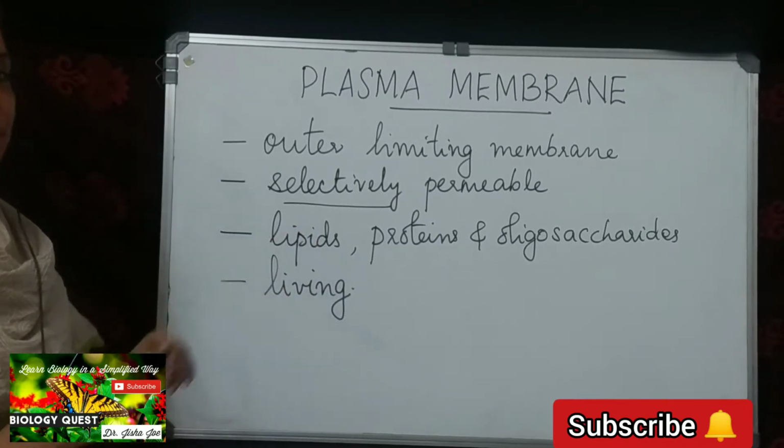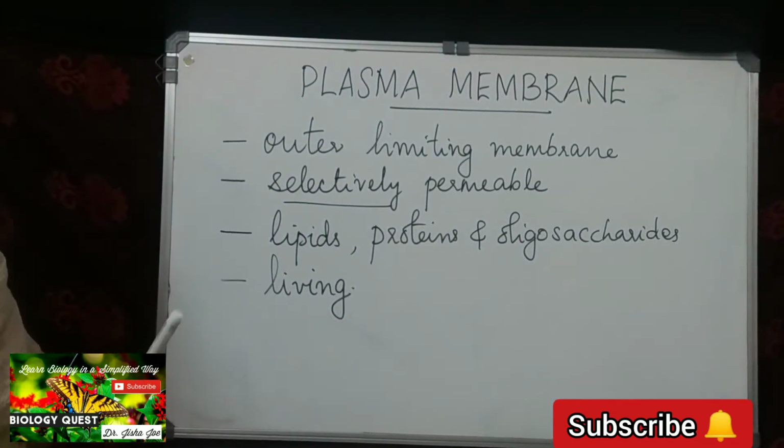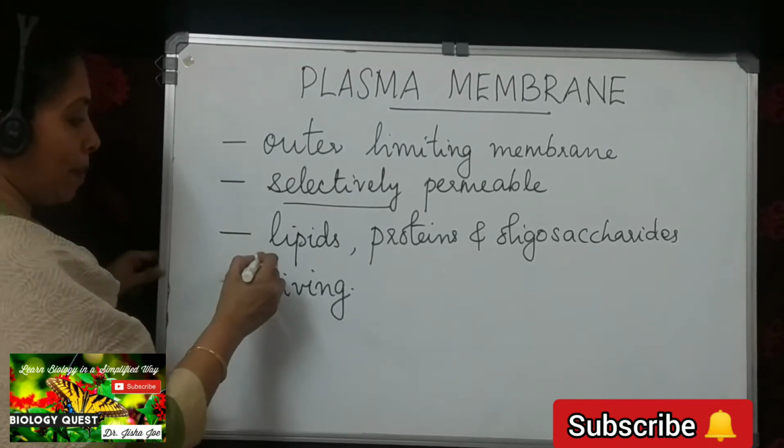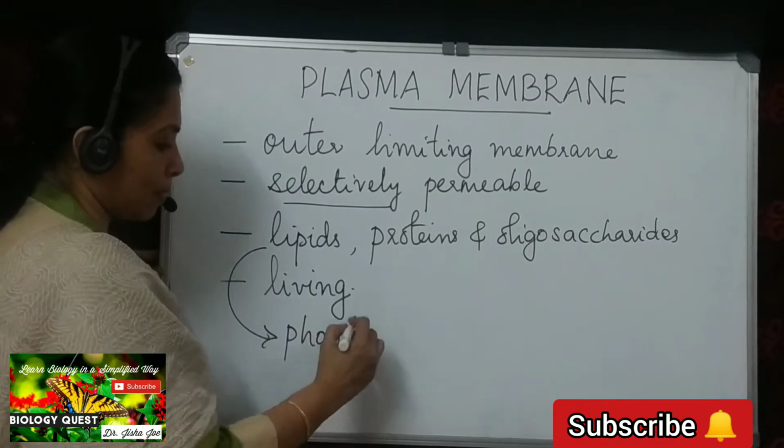Now the lipids in the plasma membrane are the phospholipids. The class of lipids that you see in the plasma membrane is called the phospholipids.